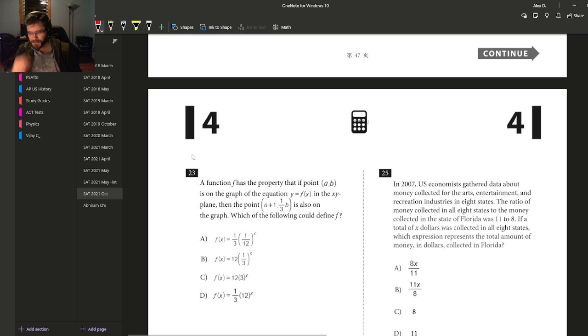An exponential function, a plus 1, 1/3 b. So they're basically telling us that if you increase x by 1, the b value decreases by a third, or to 1/3 of its original value.